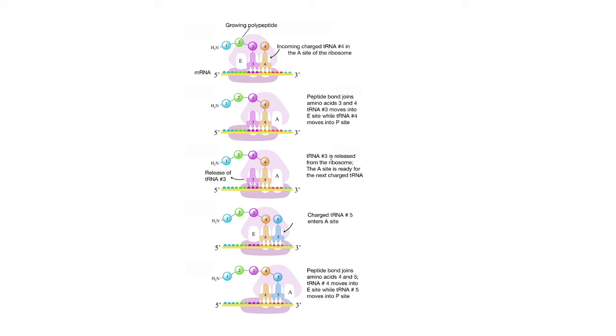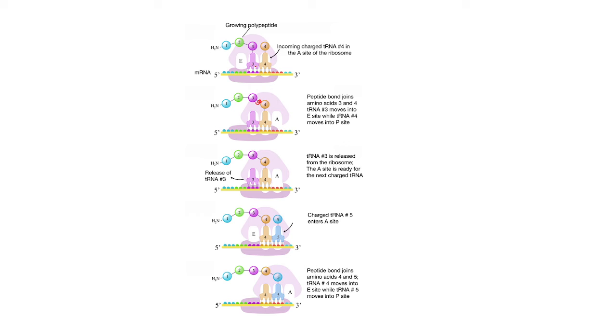Then tRNA3 is released from the ribosome. The A site is ready. Then what happens? See here. This is the tRNA3. This is the tRNA4. The tRNA3 has given this third amino acid, and tRNA4 has brought this fourth amino acid. This fourth amino acid will come to the A site. There is a peptide bond formation.